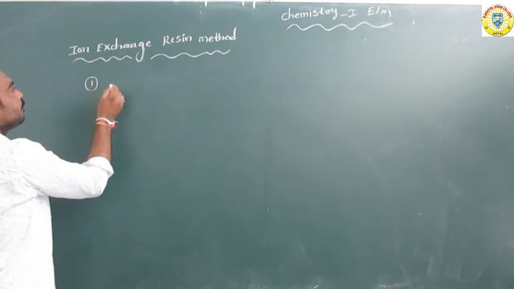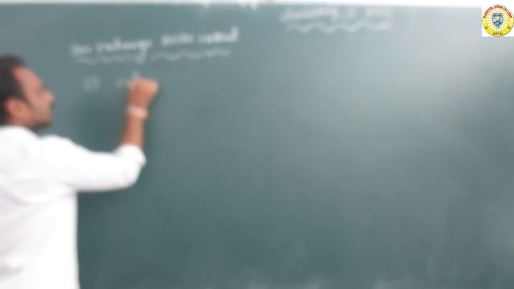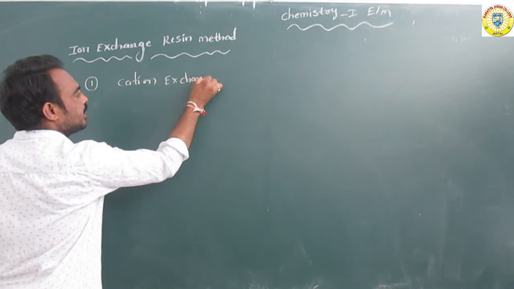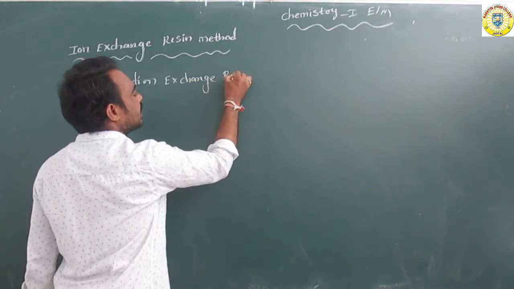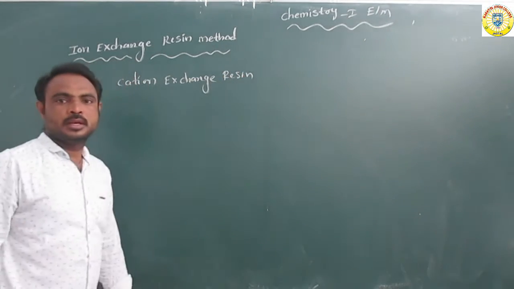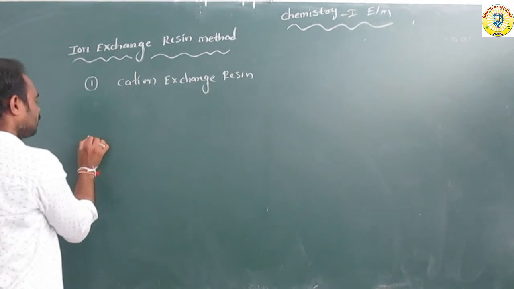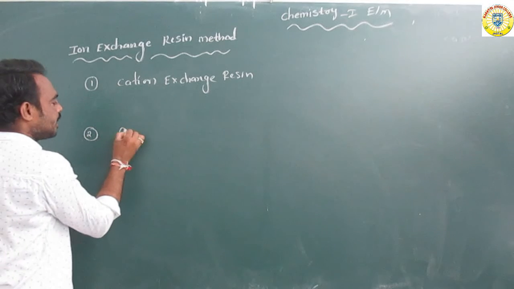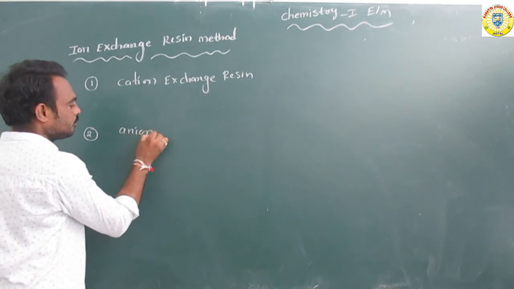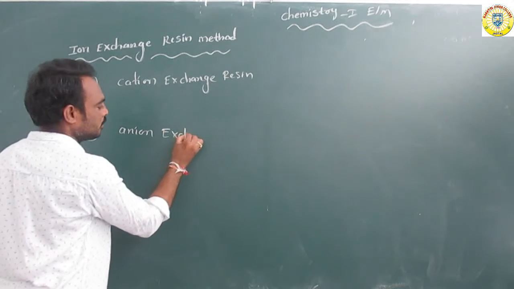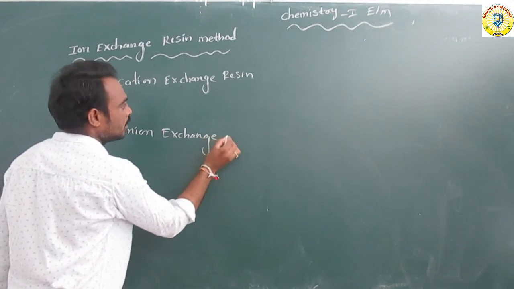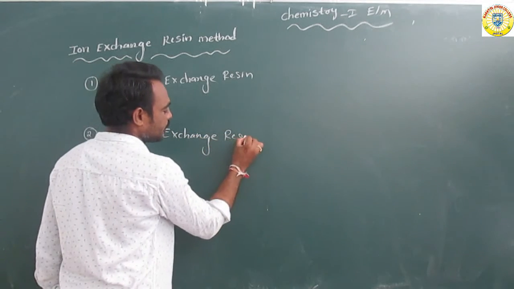Number one, cation exchange resin method, and second one, anion exchange resin method.